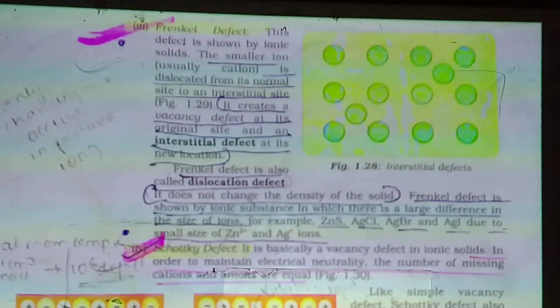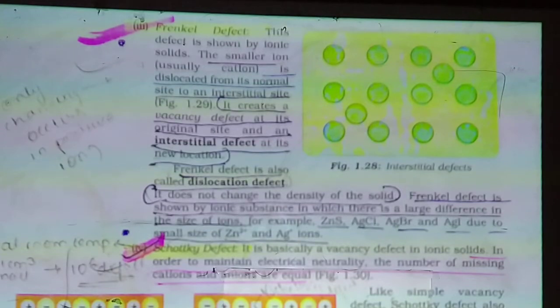It creates a vacancy defect at its original site and an interstitial defect at its new location. Frenkel defect is also called dislocation defect. It does not change the density of the solid.